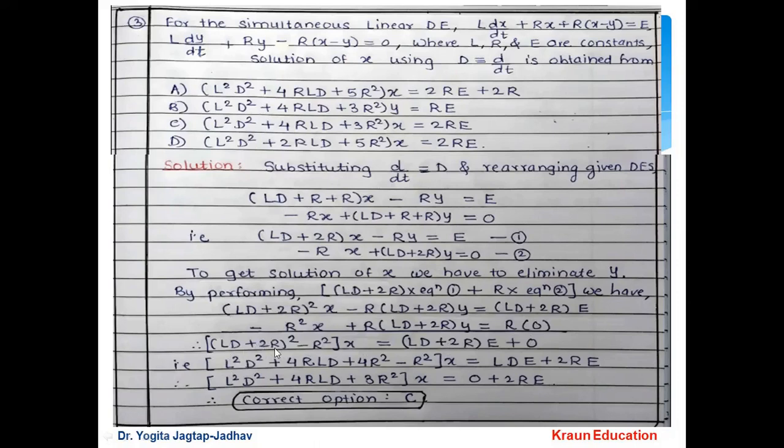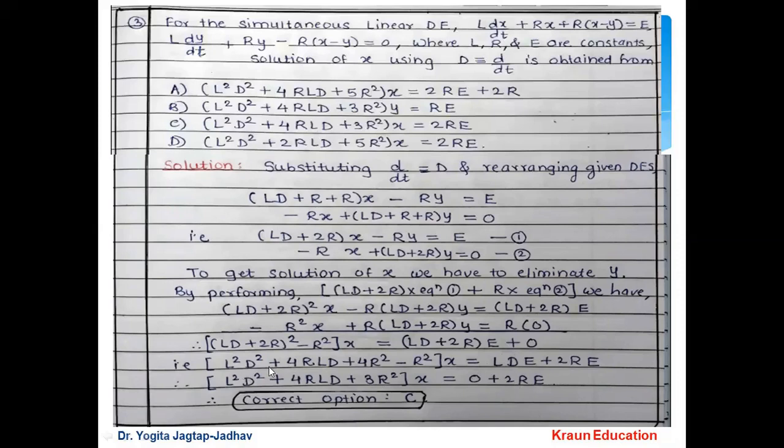After squaring LD plus 2R, we have L²D² plus 4RLD plus the square of 2R, which is 4R², minus R² operating on x equal to, multiplying E inside the bracket, LDE plus 2RE. On the right side, D stands for derivative and E is a constant, and the derivative of a constant is 0. Therefore the first term turns to 0 and the second term is kept as it is.